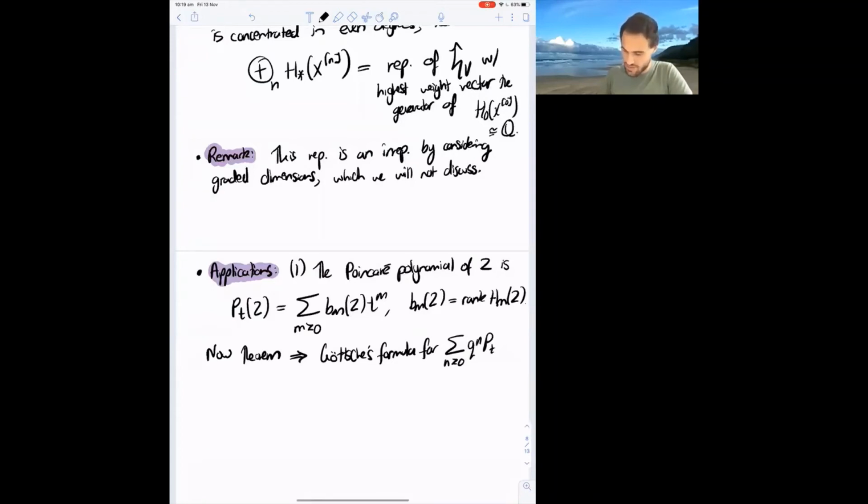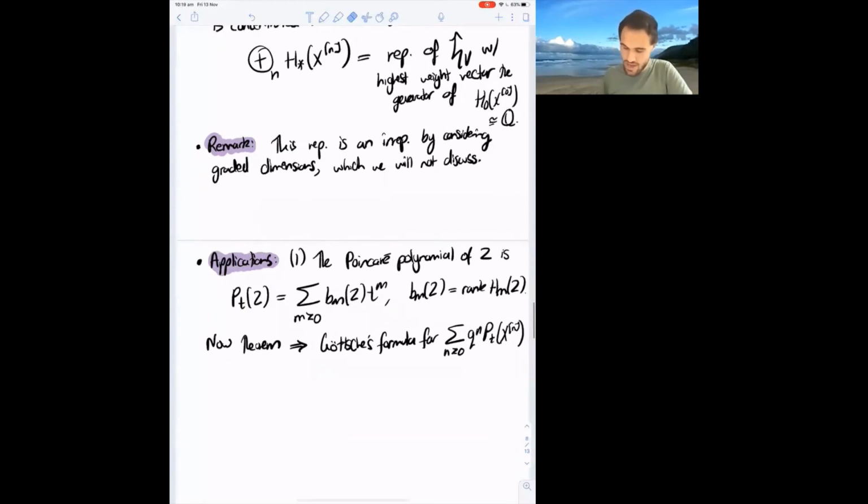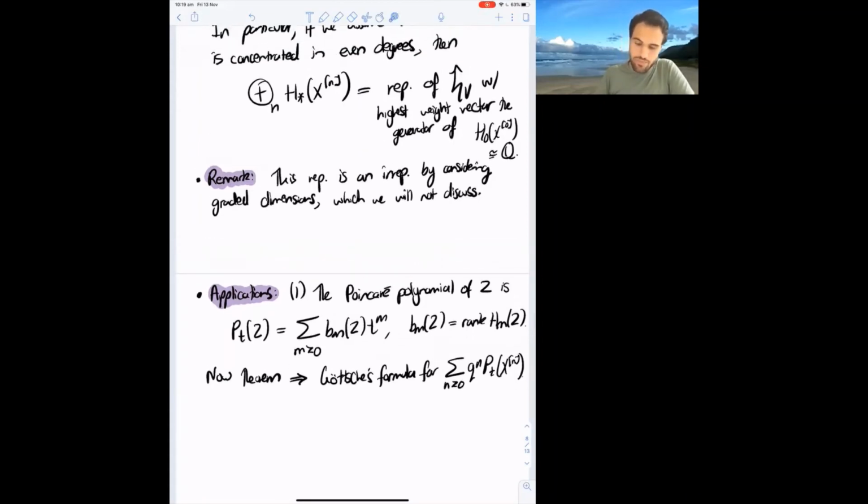So you look at this thing here. It's like a bivariate polynomial in q and t, and it has some quite nasty closed form, but based on the theorem, in other words, an understanding of this space, you can rederive a formula for what this is.